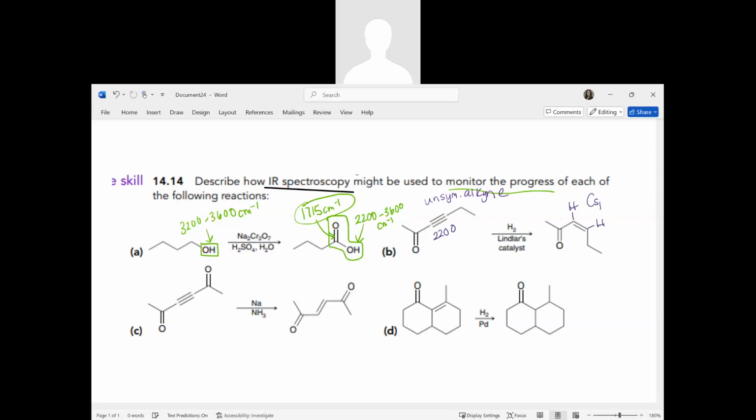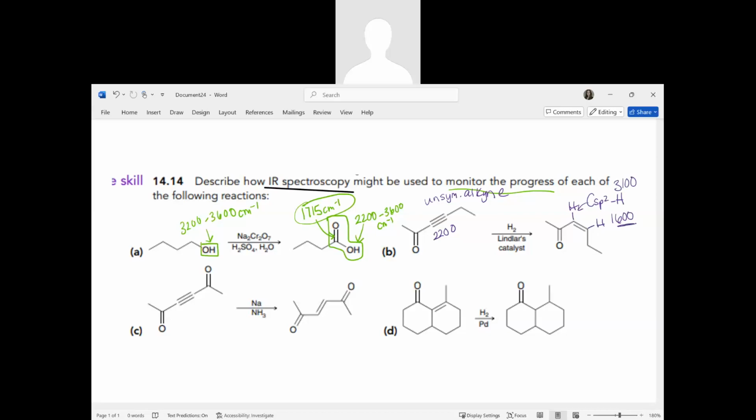So that sp2 carbon-hydrogen stretch can be observed. I'm sorry, the unsymmetrical alkene would have a CC stretch around 1600, and the specific sp2 hybridized carbon CH stretch would appear around 3100.